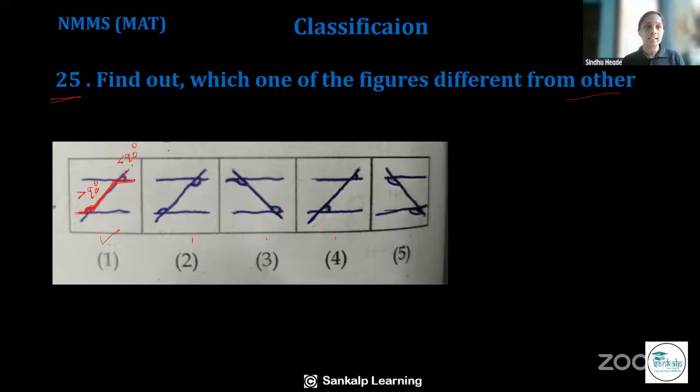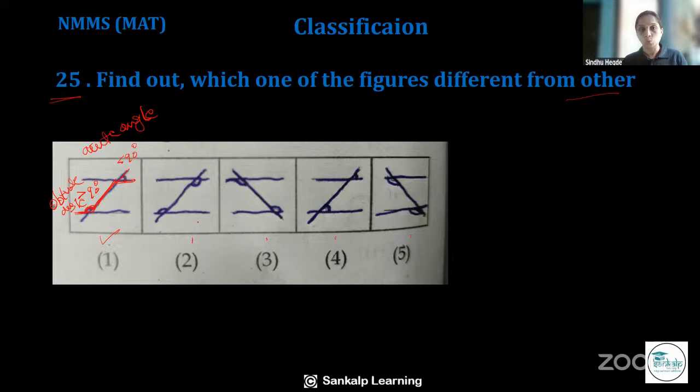Less than 90 degrees is called an acute angle, and greater than 90 is called an obtuse angle. So image 1 shows two angle formations, one less than 90 and another greater than 90, acute and obtuse both.